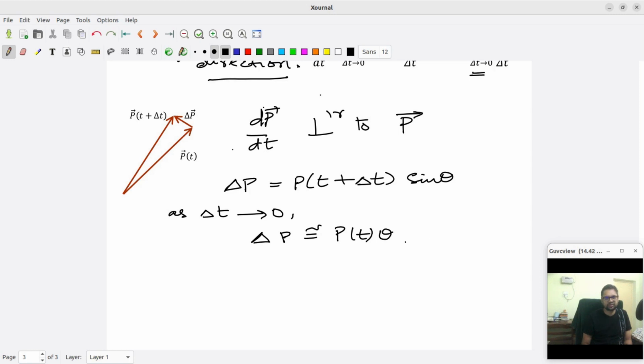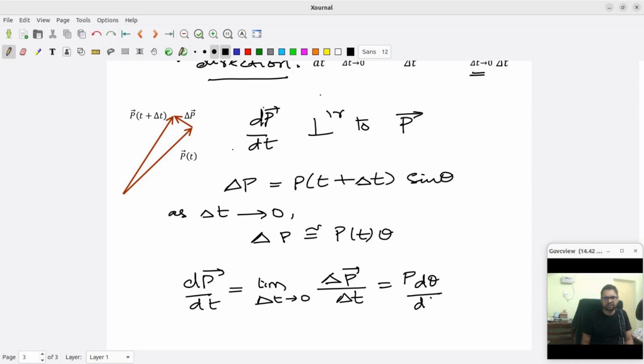So dP by dt is the limit as delta t tends to 0 of delta P by delta t, which is nothing but P times theta dot.